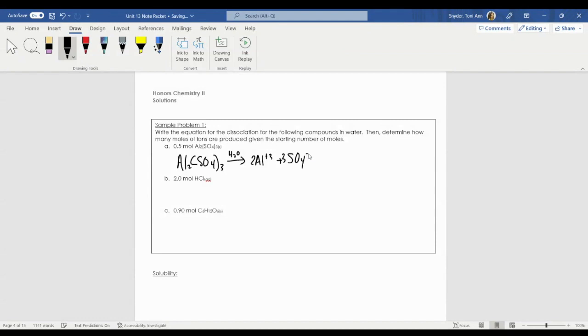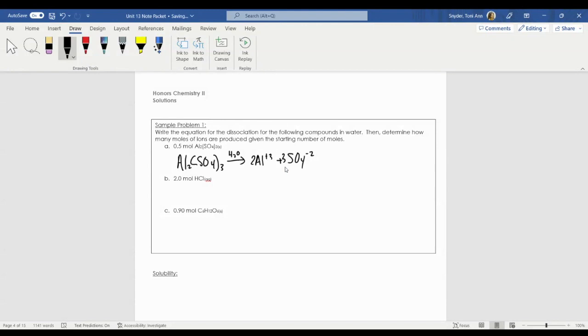Forgot that 3. You're not going to dissociate these sulfur and oxygens, and that's because those are covalent bonds holding those together, and covalent bonds are not soluble in water, if you recall from the last unit. So in this case, we're only breaking apart the ionic bond. 2 aluminum ions dissociate from 3 sulfate ions.